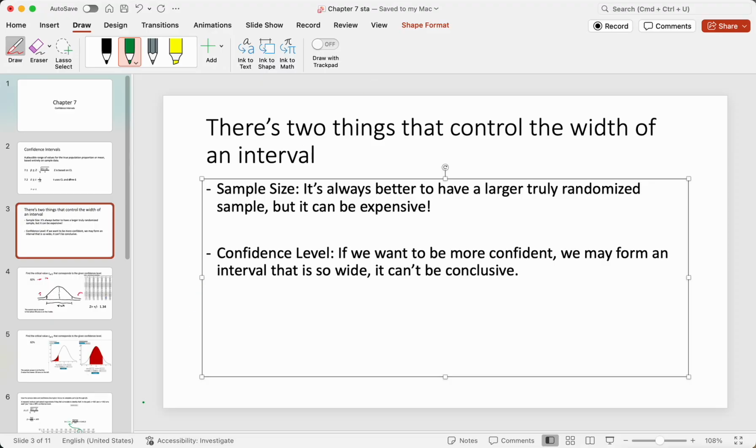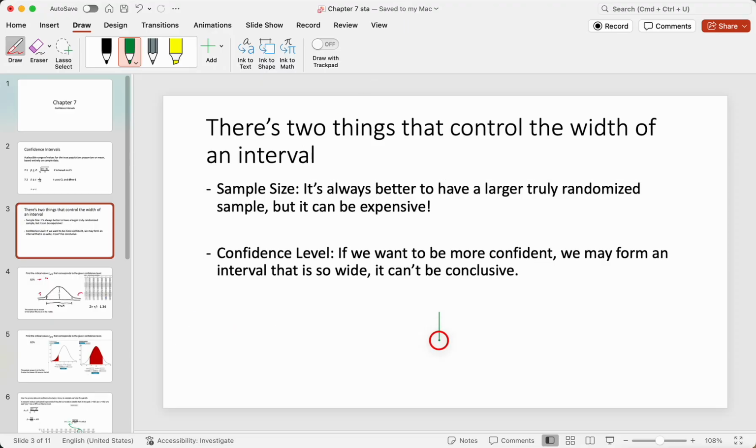What does it mean to be within 8 percentage points? It means if the true value was, let's just say 0.48, then if I move over 8 percentage points, now I'm at 0.56, and guess what?